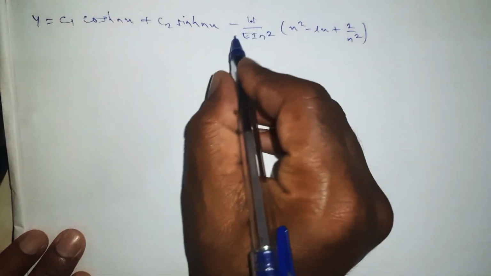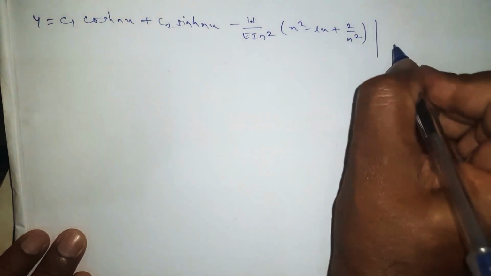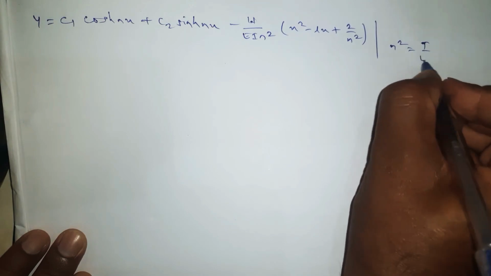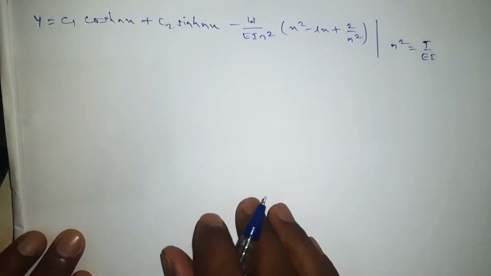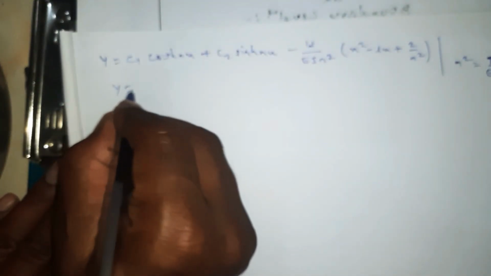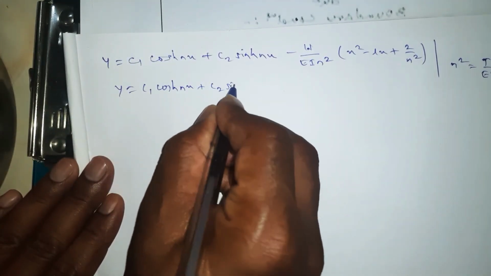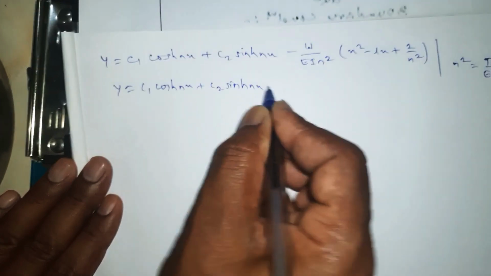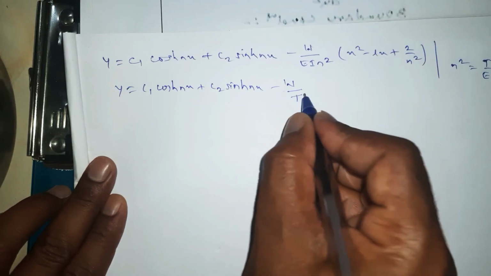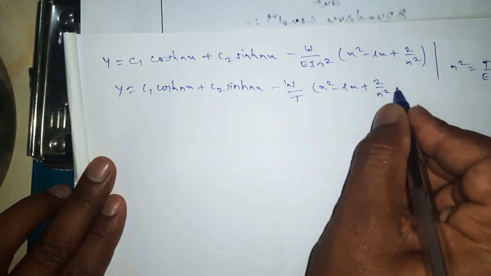Now here EI n square is our capital T, because we substitute n square equal to what, T upon EI, right? So I can write that value here as T. So y is equal to c1 cosh nx plus c2 sinh nx minus w upon T, in brackets x square minus lx plus 2 upon n square.